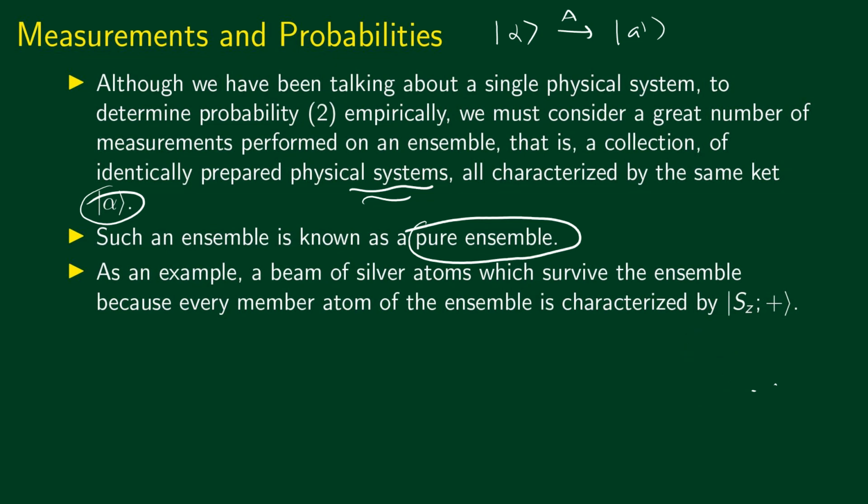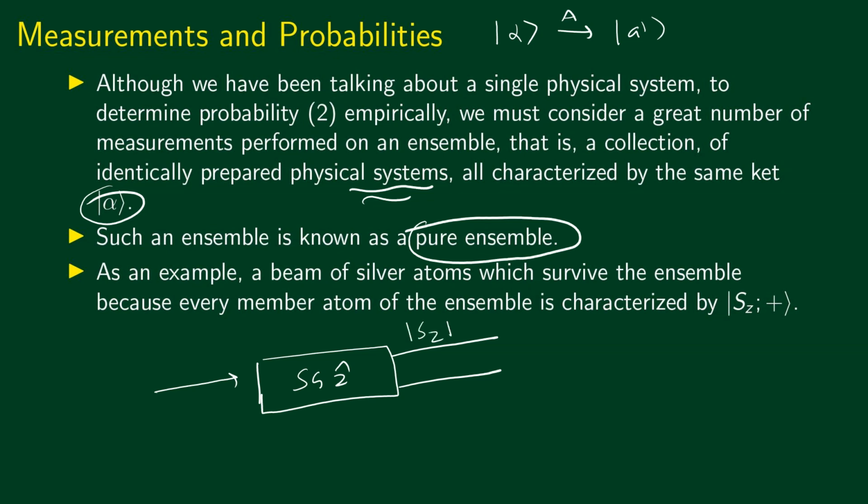As an example, you can think about a beam of silver atoms. How do I construct a pure ensemble? Initially I don't know anything about the spin. So I send these atoms into an SGz hat apparatus. We know that there are two possible outputs: one characterized by the state Sz plus, and another characterized by the state Sz minus.